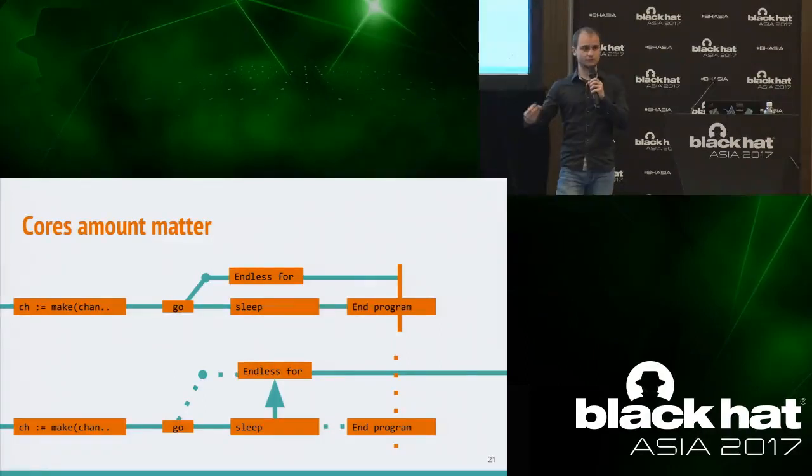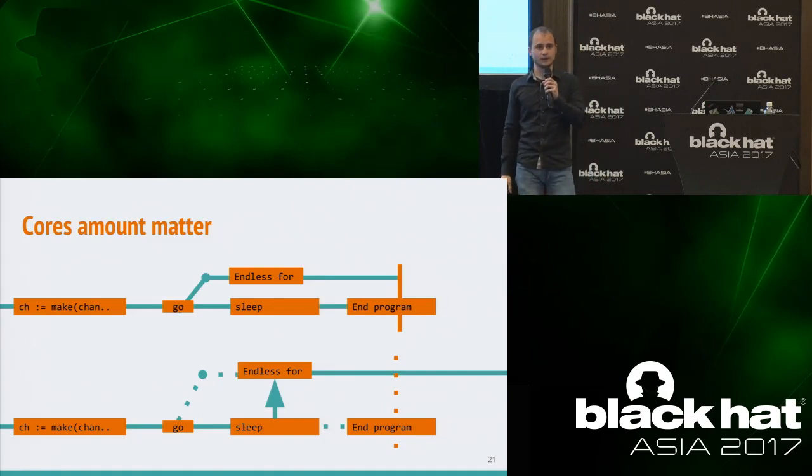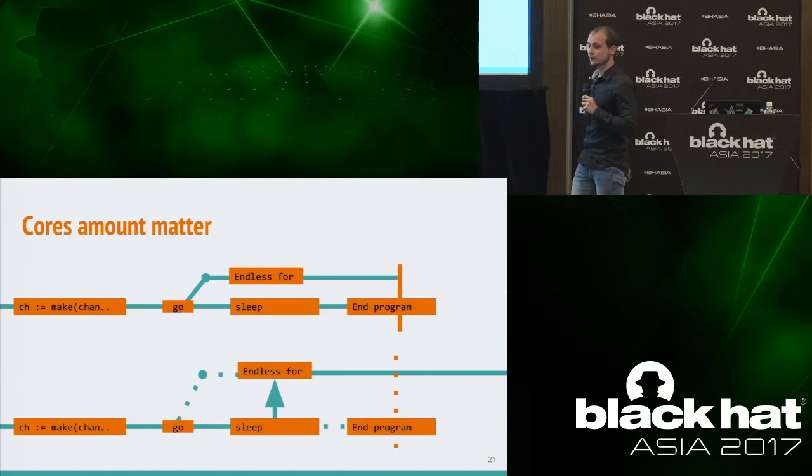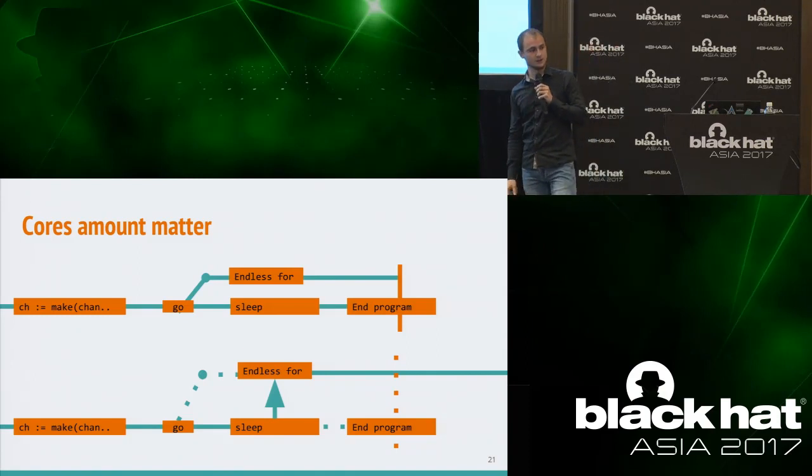It will not find another goroutine to schedule, so it will keep waiting until it reaches the end of the program and exits. When at least one goroutine reaches the end, the program ends. So also the endless loop will end.